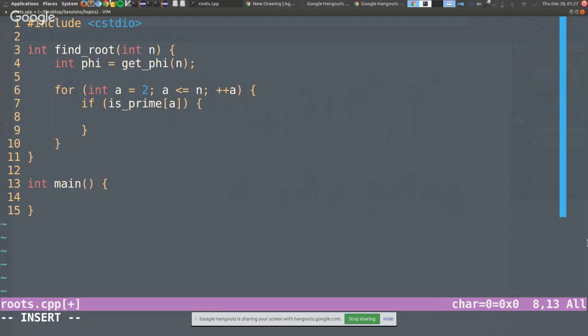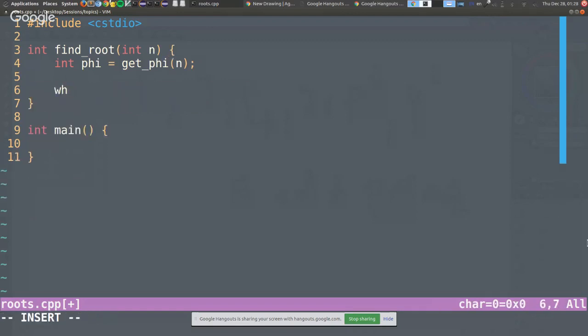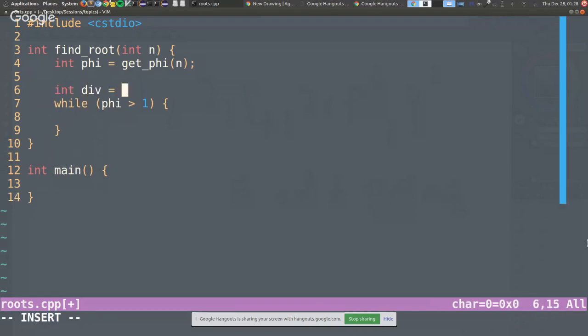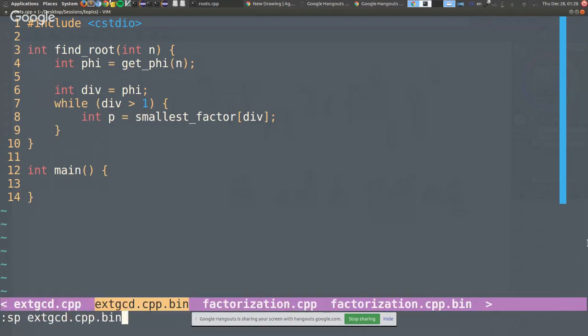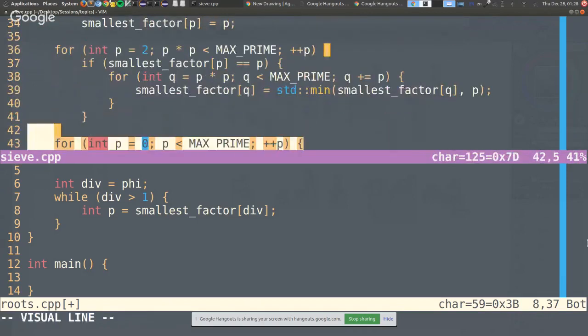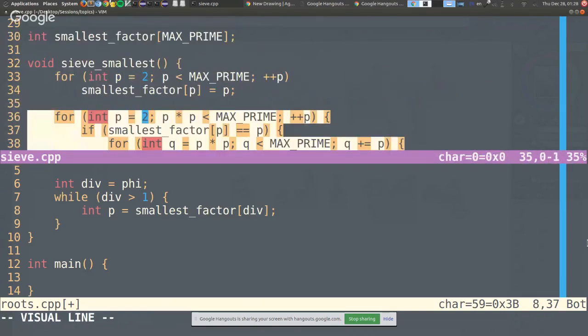It's a number that is a prime divisor. And actually we just use the smallest. You can use the sieve, it gets the smallest factor.